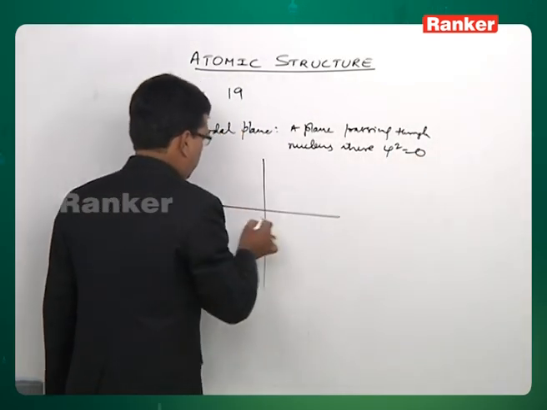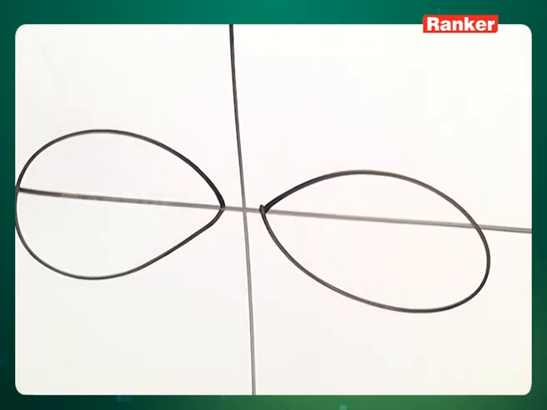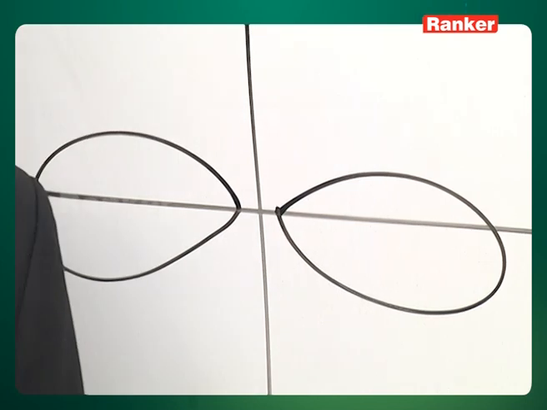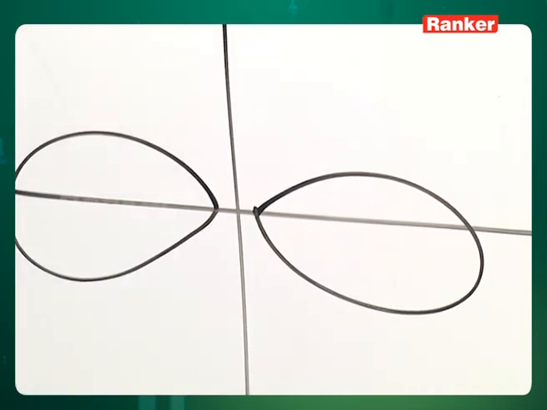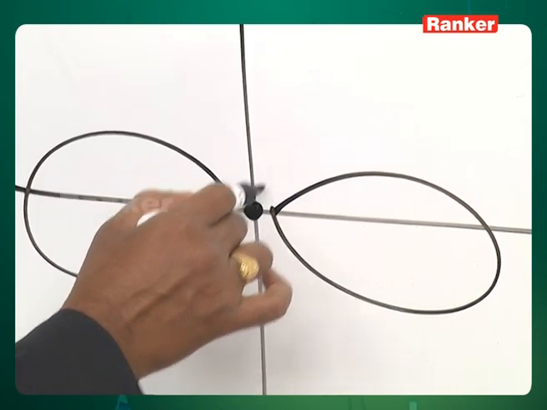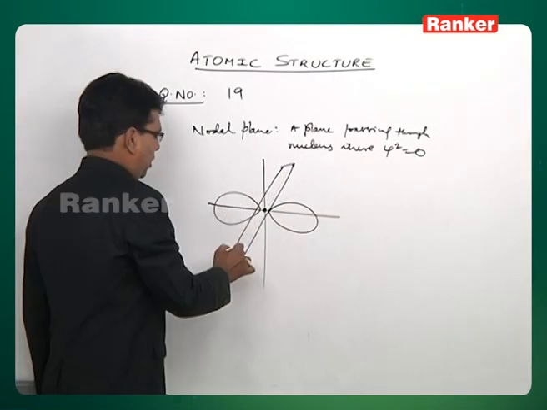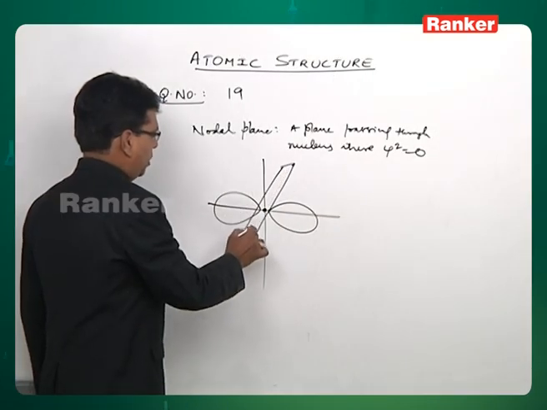So the question is about the probability density function on the plane where the two lobes of the p orbital meet. If you take this particular plane, here psi square is 0.